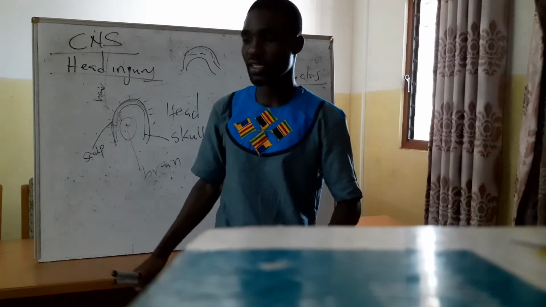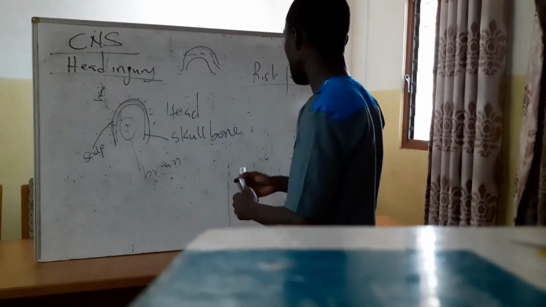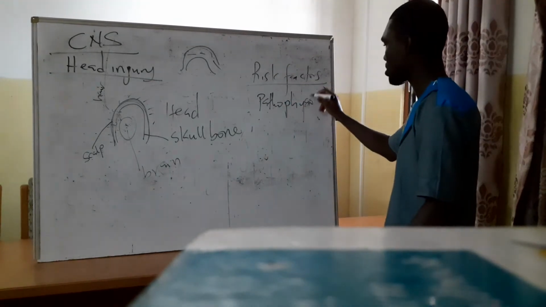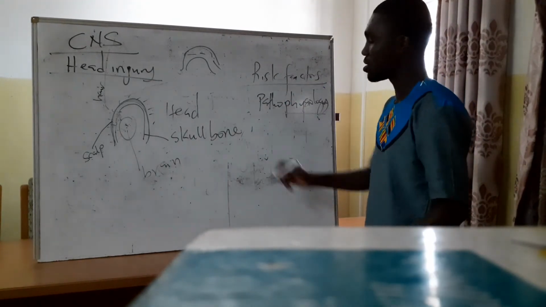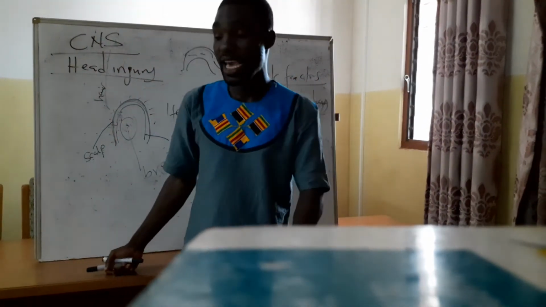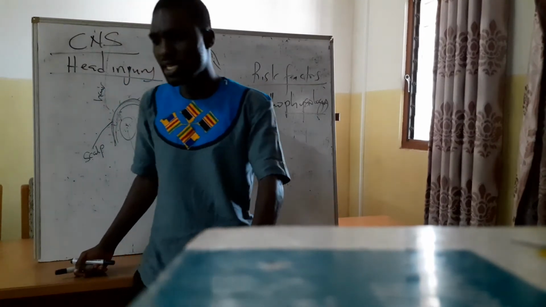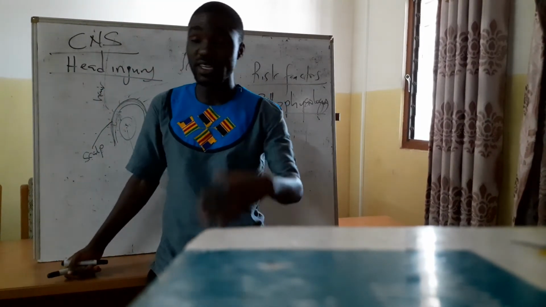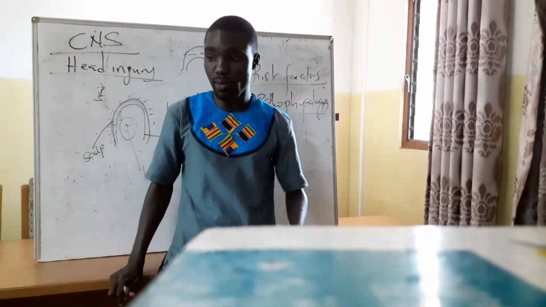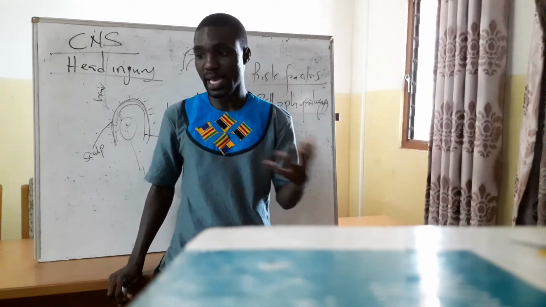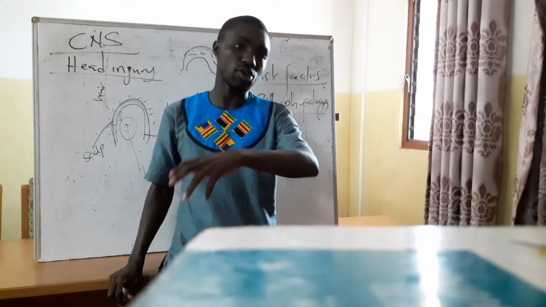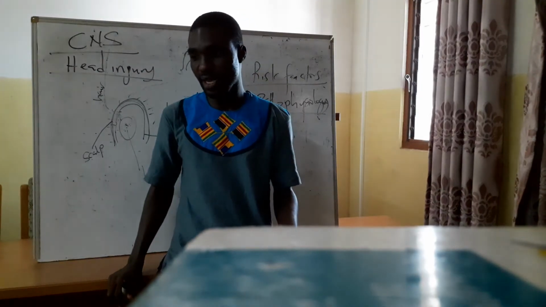So let's look at the pathophysiology of head injury. What happens when there is head injury? Right, with the pathophysiology, most of the time we start from the cause, right? So it can result from either a blow, right? Be it mechanical. So mechanical can be in the form of using an object to hit the head, right?